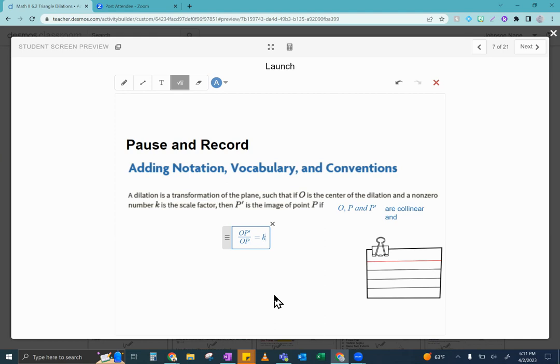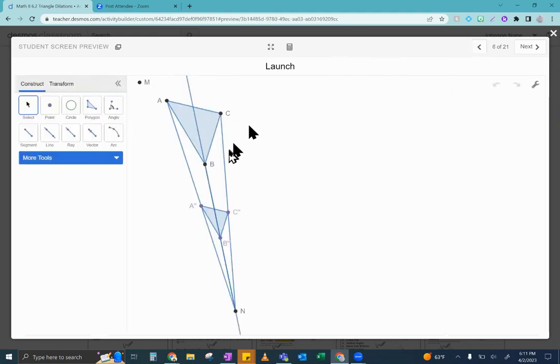Okay, so that's true. So you're just looking from the center to this point, or from this point to this point, there's a factor.